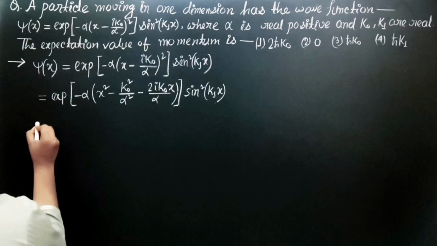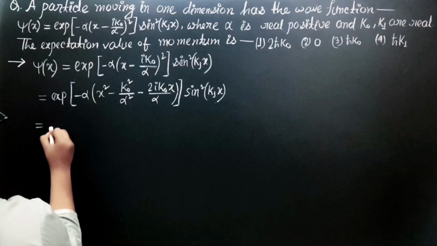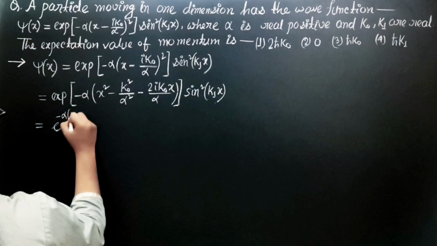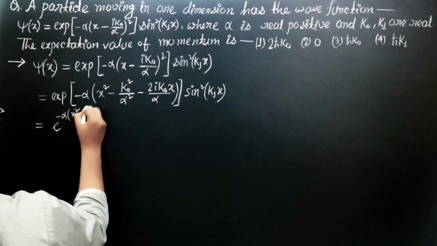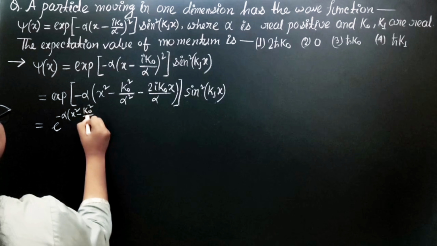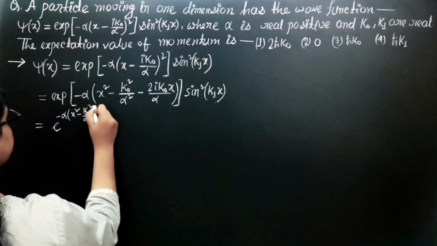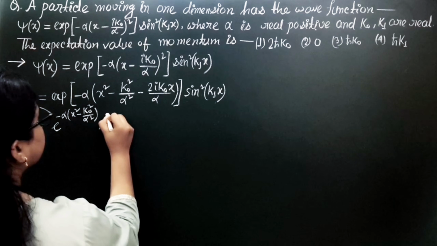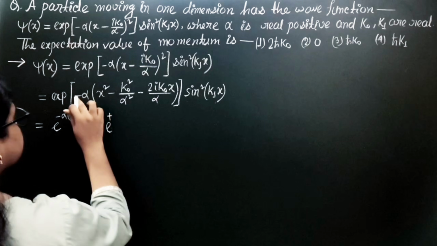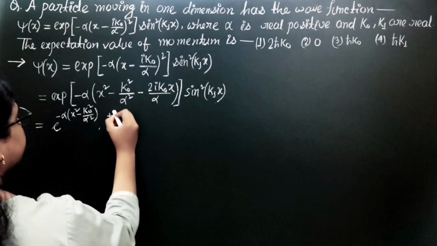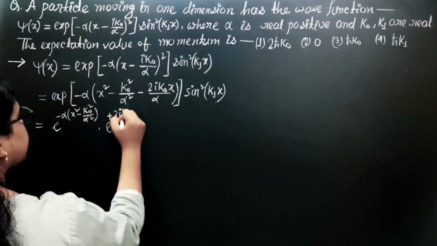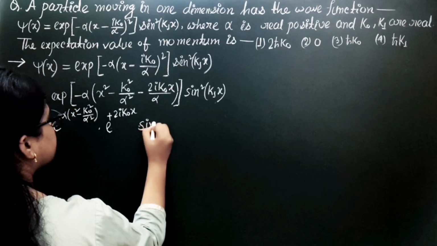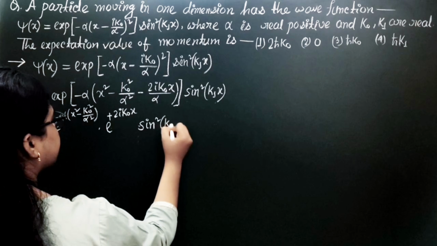Now it will give e to the power minus alpha into (x square minus k naught square by alpha square) into e to the power minus plus, alpha alpha cancel out, 2i k naught x, and sine square k1 x.